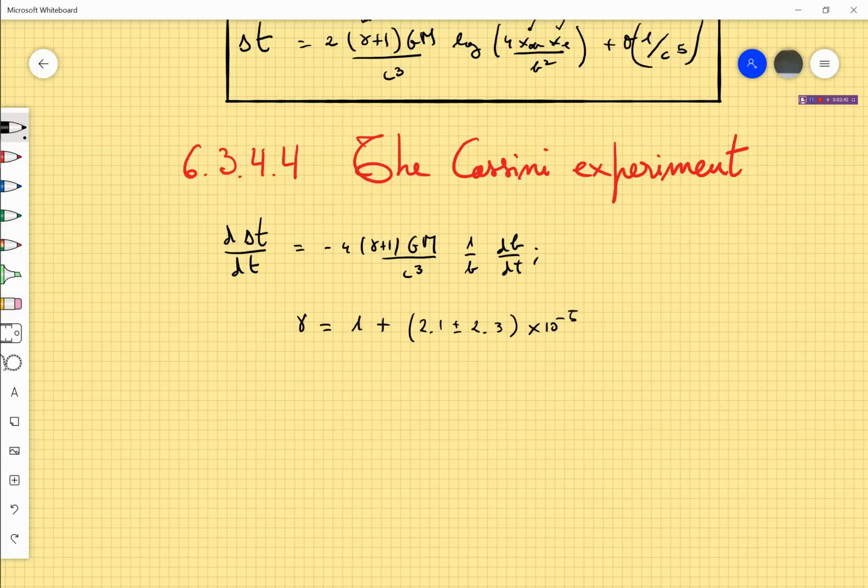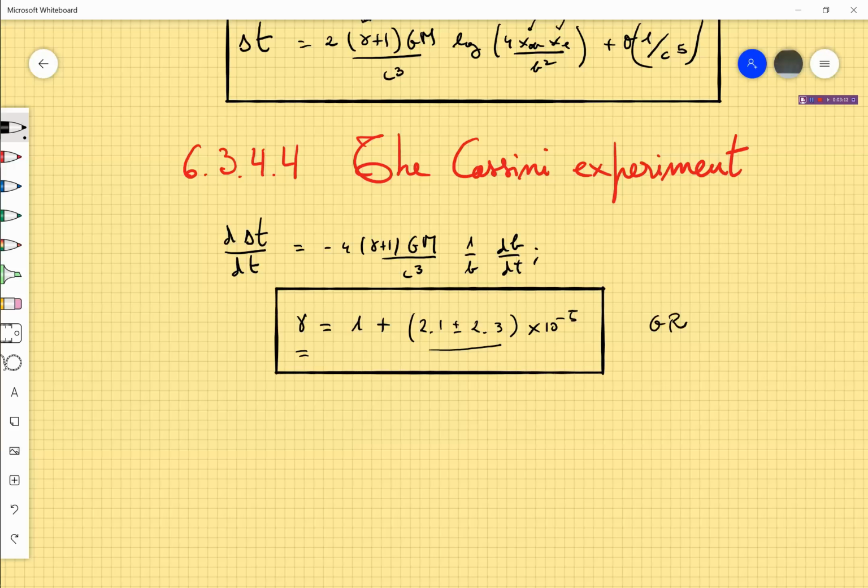And remember that GR predicts that gamma has the value equal to 1, so this confirms general relativity with very high precision. On the other hand, other theories that predict different values of gamma, unless those values of gamma are included in this small interval, will be automatically excluded. And this is the result of the Cassini experiment, this very precise measurement of the post-Newtonian parameter gamma.